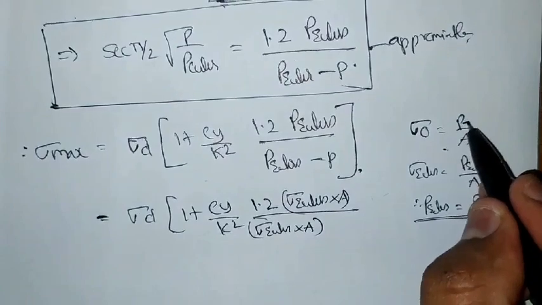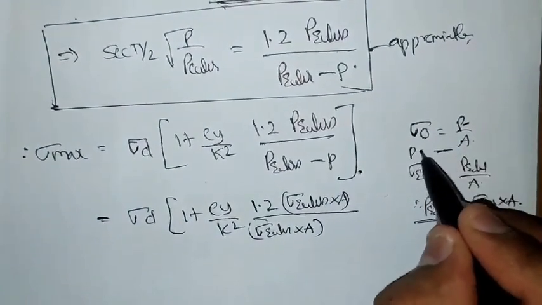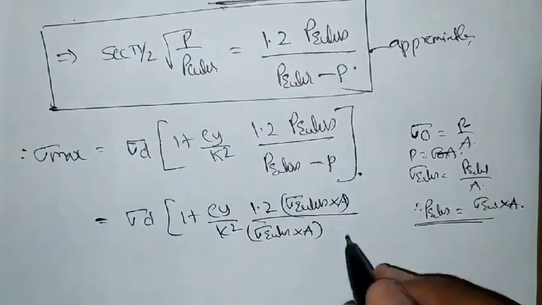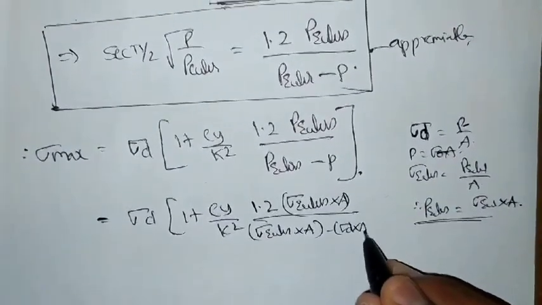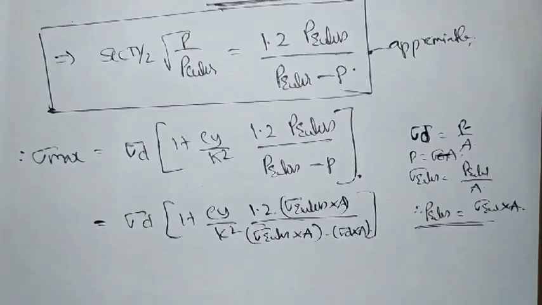P can be written as sigma naught into A, where sigma naught is nothing but sigma d, so sigma d into A. Like this we can substitute.